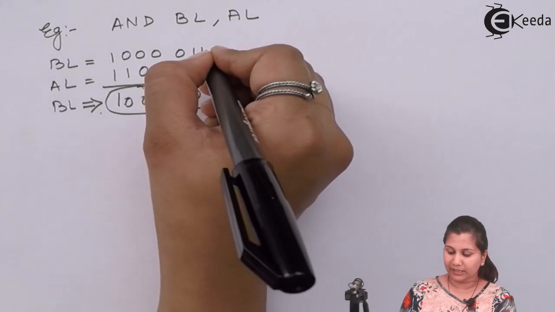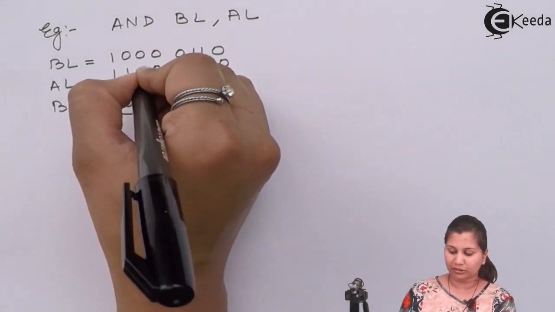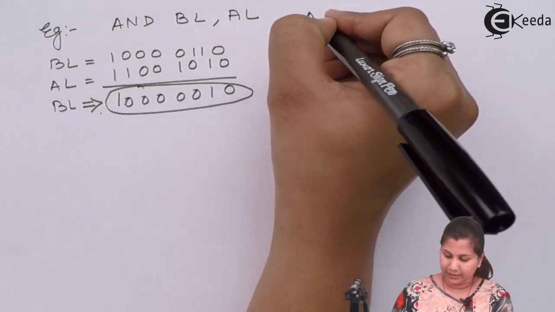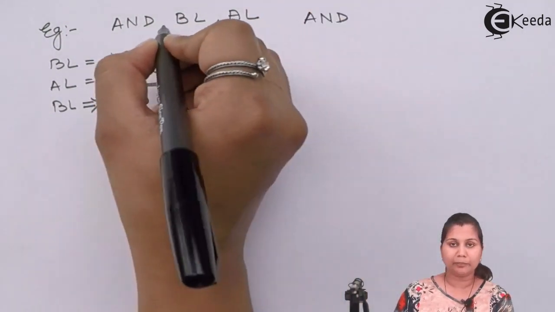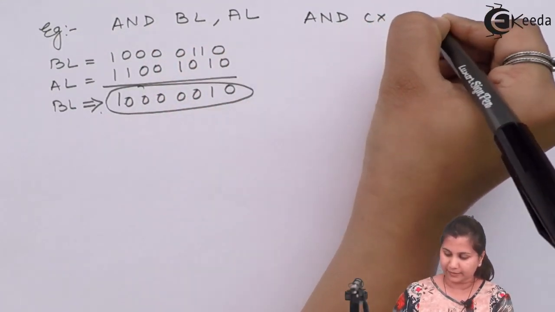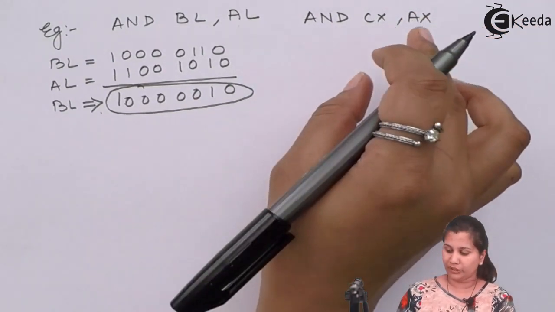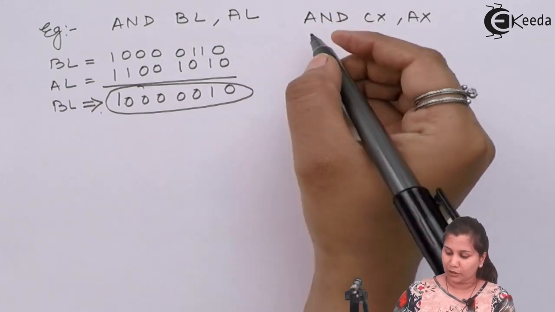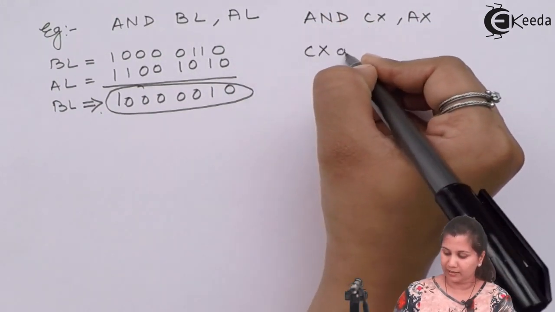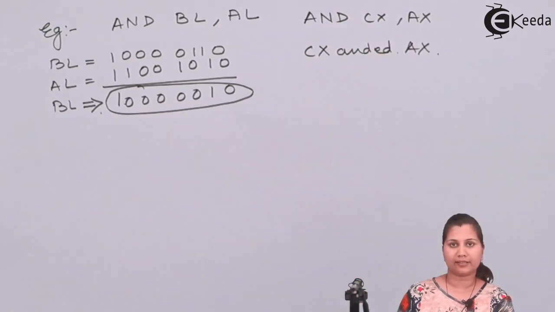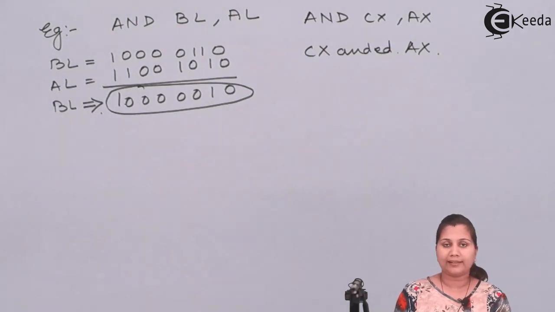You can see that each bit is ANDed with the corresponding bit and the result is obtained. This was an 8-bit AND operation. Here we can have CX and AX. Both are 16 bits, so we can have the 16-bit AND operation also. The contents of CX are ANDed with the contents of the AX register. Now this was the example of the AND instruction.